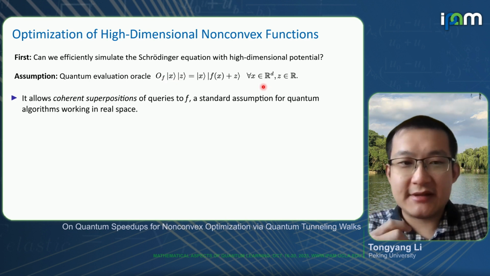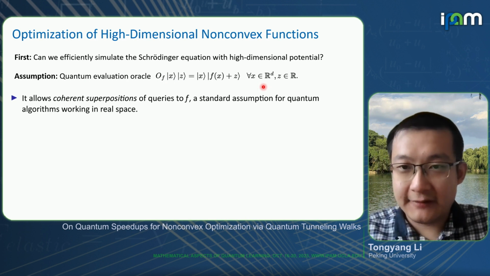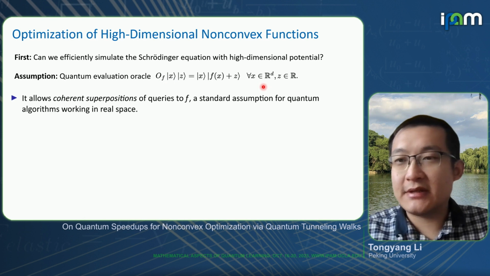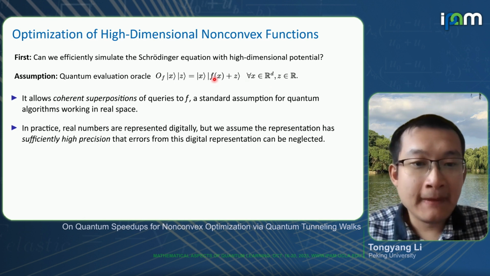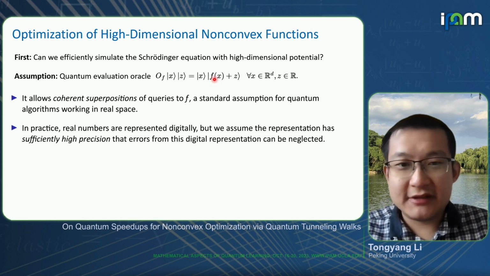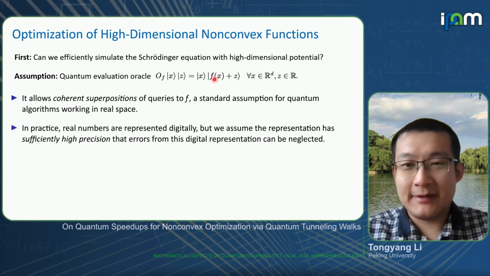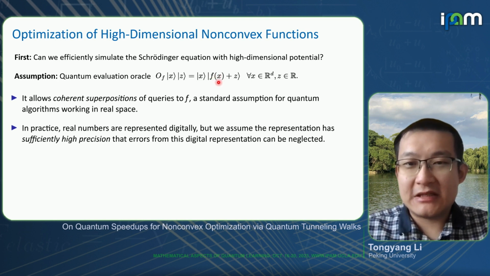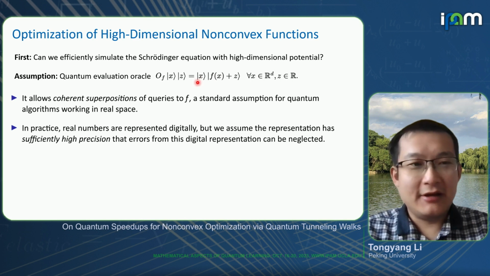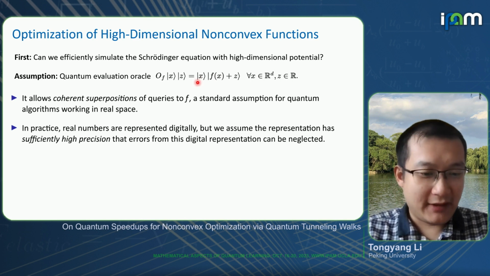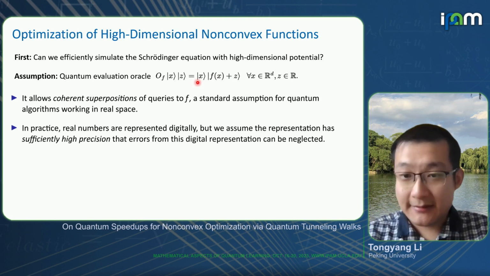This is a standard assumption for quantum algorithms. It is typically assumed in a lot of quantum algorithms doing continuous optimization that you have this continuous function f. For the talk today, I am talking about universal quantum algorithms, and about real numbers. You can imagine that the values of x and z can potentially be stored in floating point numbers or fixed point numbers.